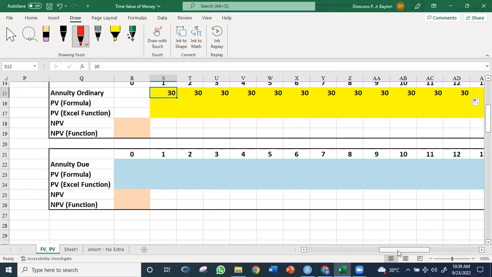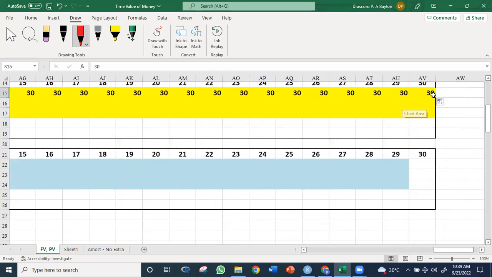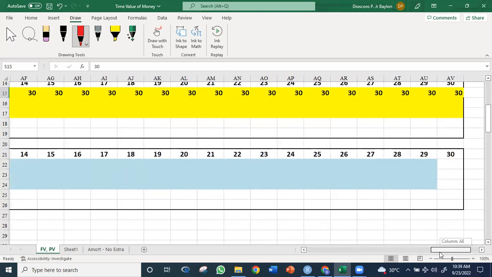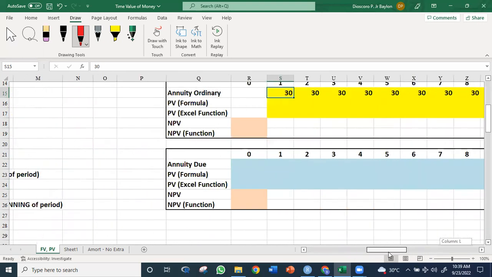So we're asked to find the present value. We can replace this annuity of 30,000 for the next 30 years with one single value, the present value. So that's the problem here.